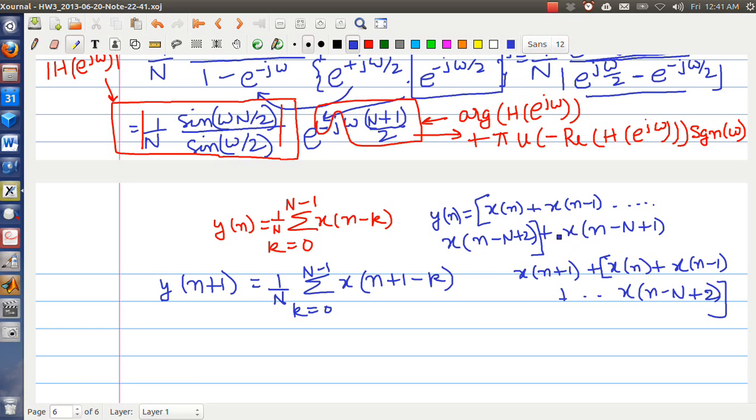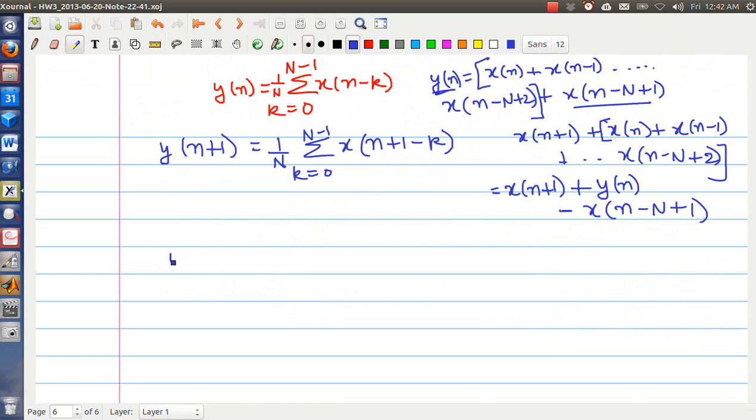So I can say this is equal to x of n plus 1 plus this whole portion is y of n minus this, right? This excess subtracted from y of n is this, and this is also here, so it's y of n minus x of n minus n plus 1.